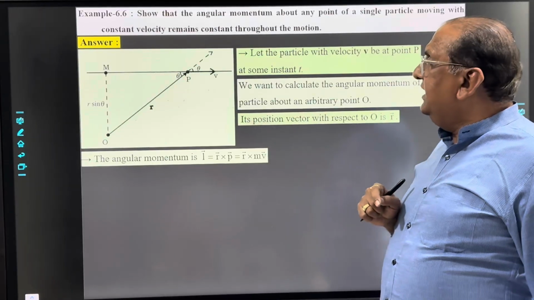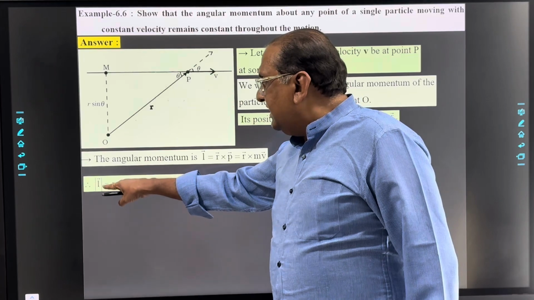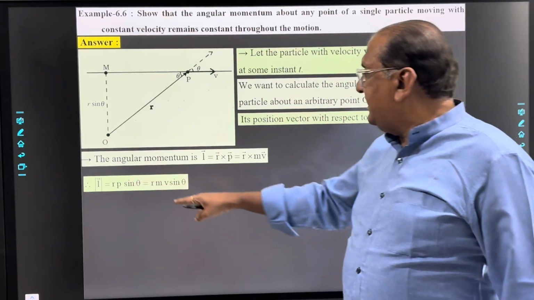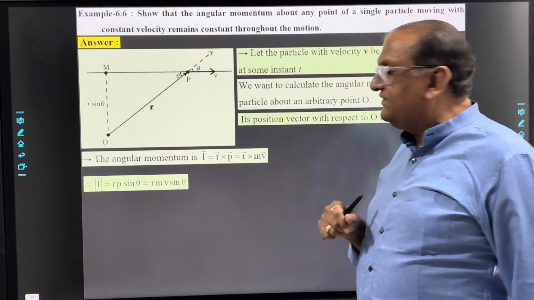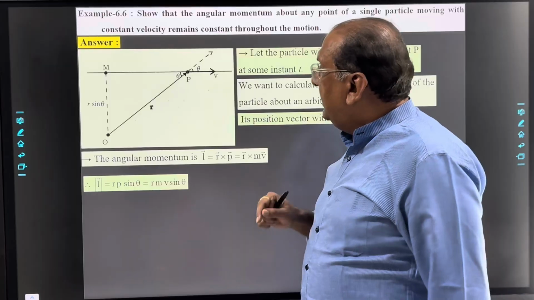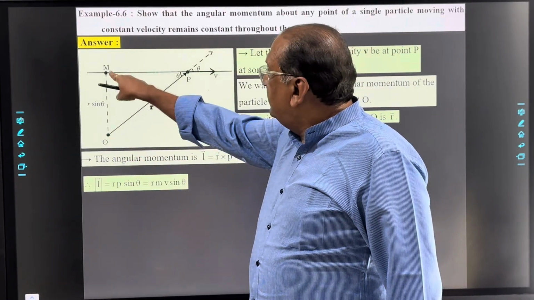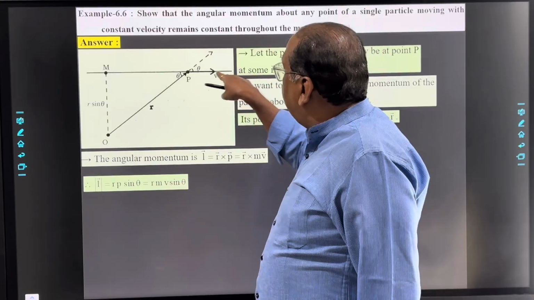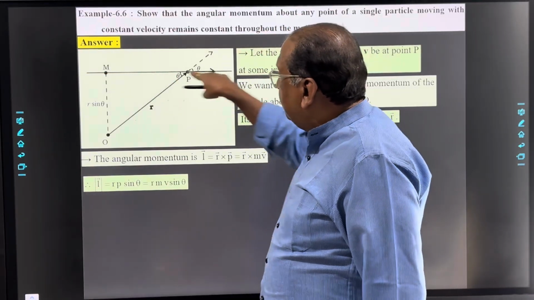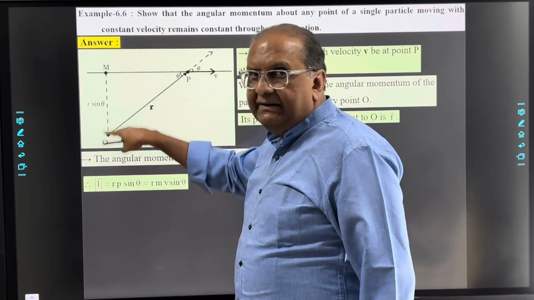So the magnitude L equals R P sine theta, or we can write R m v sine theta. Now draw a normal from this reference point to the velocity vector, or we can say the line of action of the velocity vector, that is OM.